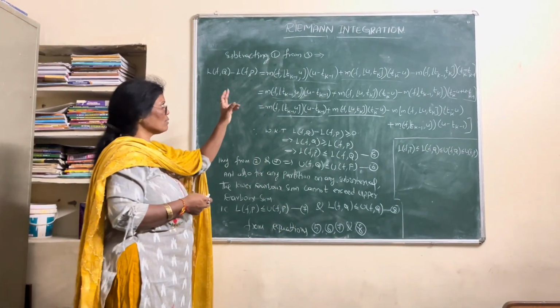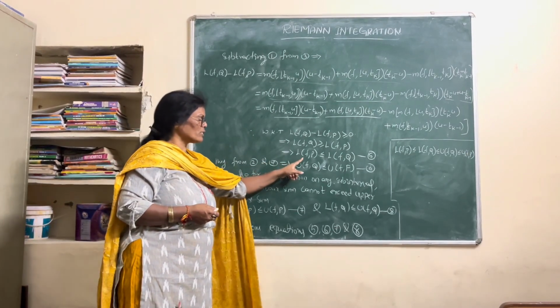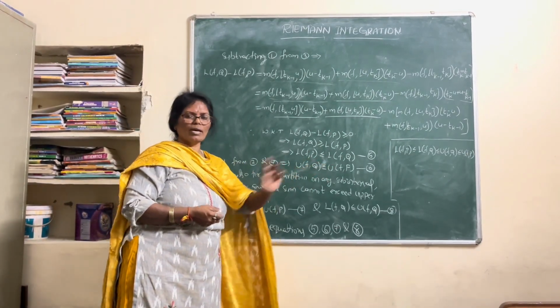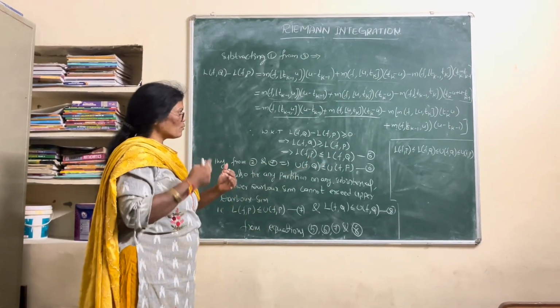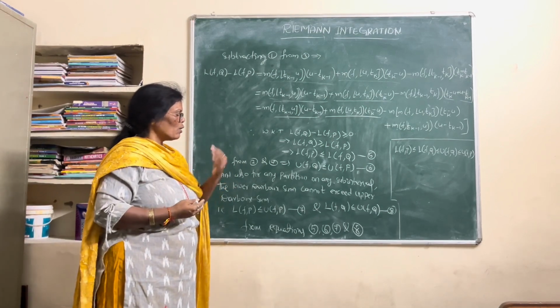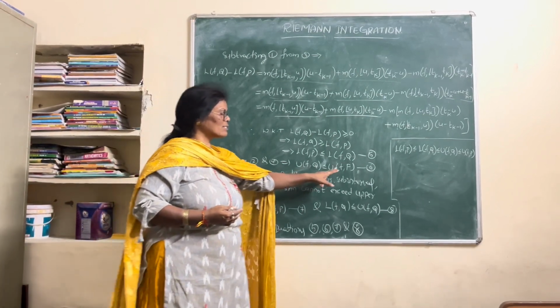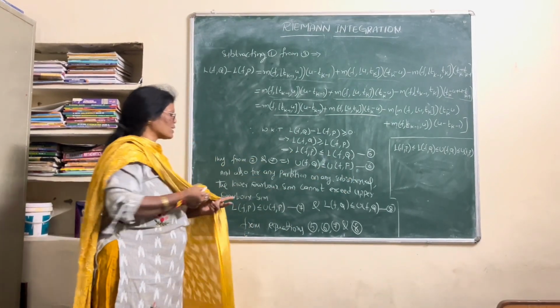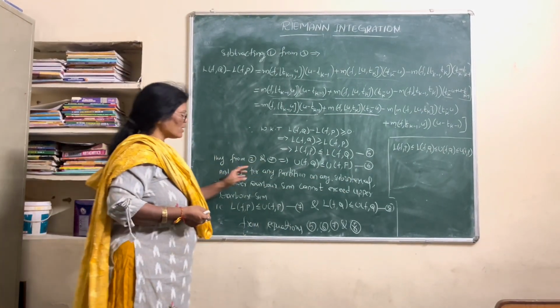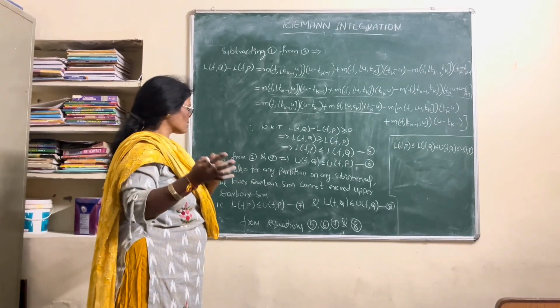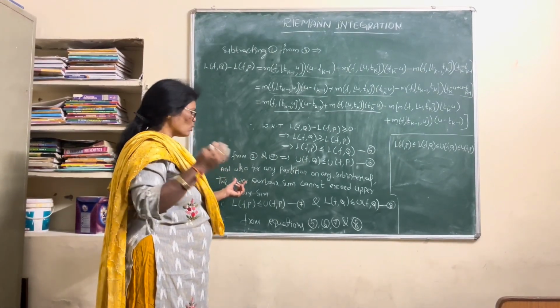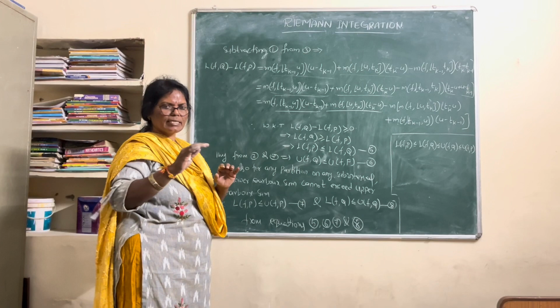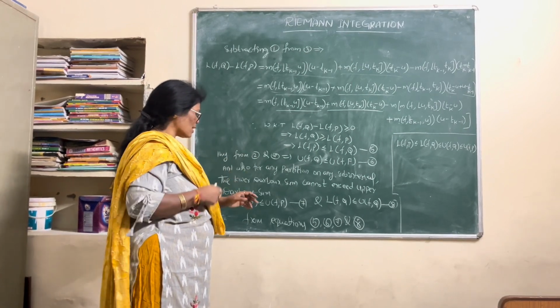So by using equations 1 and 3 we got LFP is less than or equal to LFQ right now, and from equations 2 and 4 we should get UFQ is less than or equal to UFP. So make this equation 6. Also, for any partition and any subinterval, the lower Darboux sum cannot exceed the upper Darboux sum.